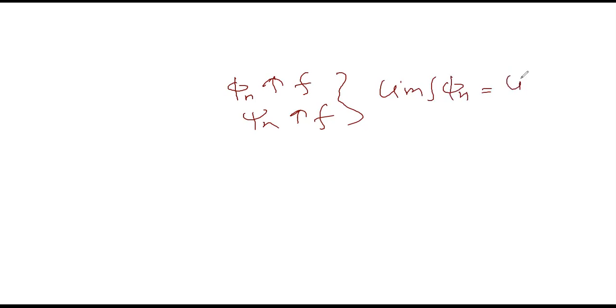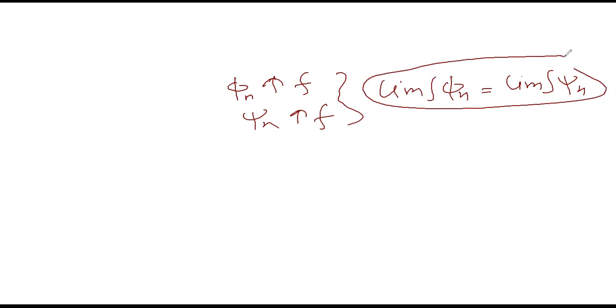If we have two sequences phi n and psi n of step functions such that phi n increases to some function f, and psi n also increases to f, then the limit of the integral of phi n is equal to the limit of the integral of psi n. That is, if both sequences increase to the same limit function f, then the limit of the integral of phi n is the same as the limit of the integral of psi n. This is already discussed.